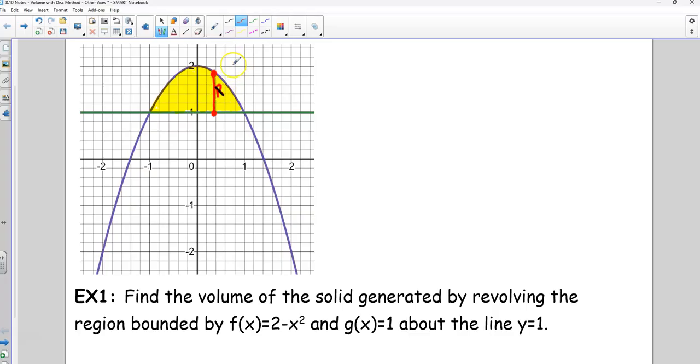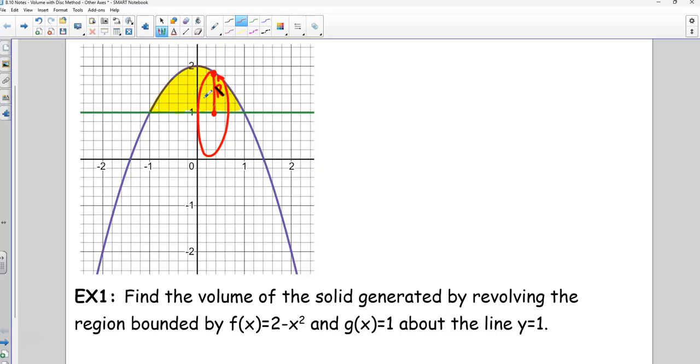That's my radius. And then I could rotate that around the line y equals 1. And this would be a solid figure. It's going to be a little football-y, a little bit like a football, but kind of taller, right? So this is what we're looking at.